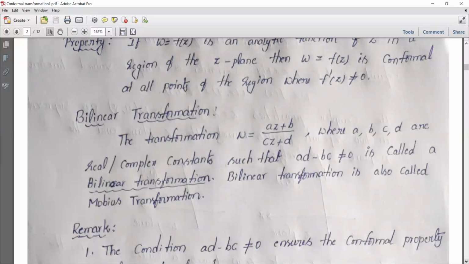Before starting the bilinear transformation, I will tell you one important thing about why we study conformal transformation. My question is, why should we study this conformal transformation?